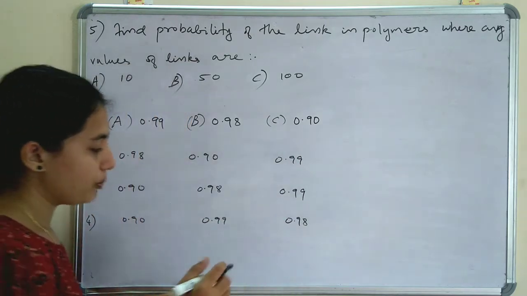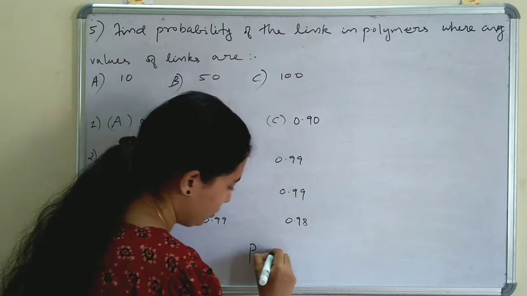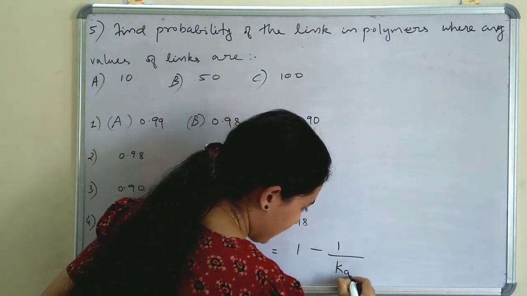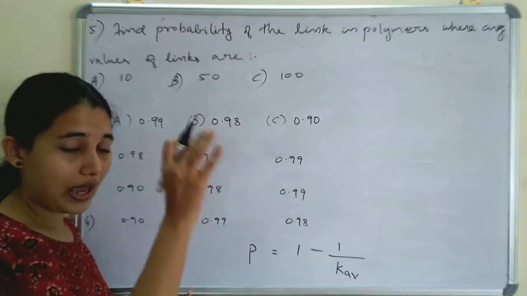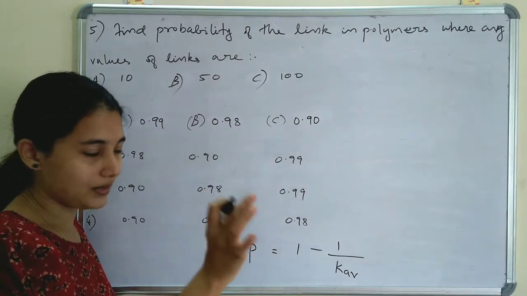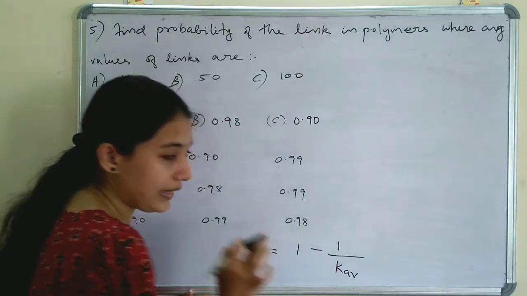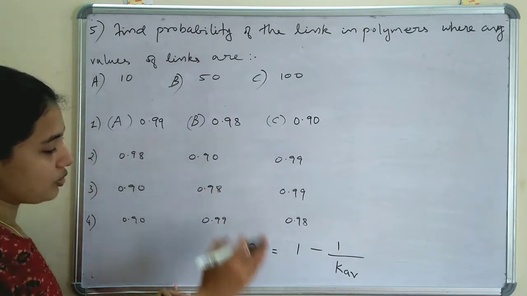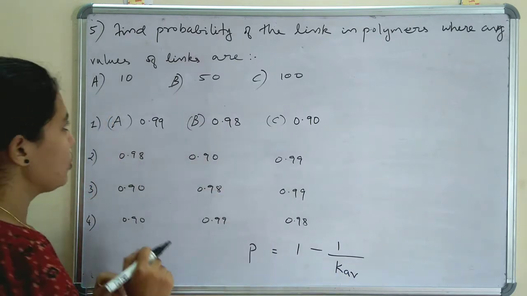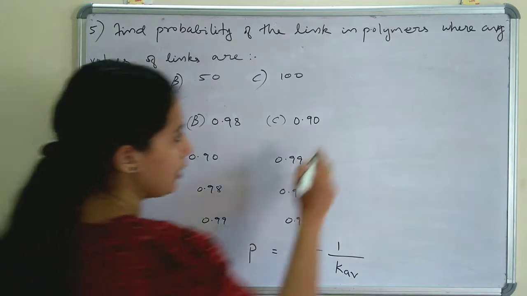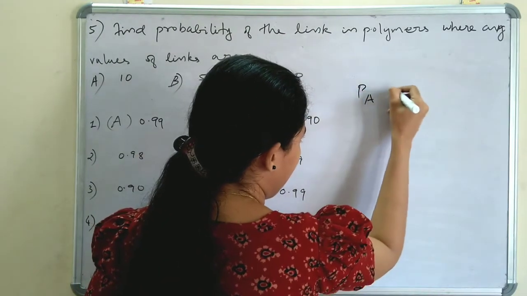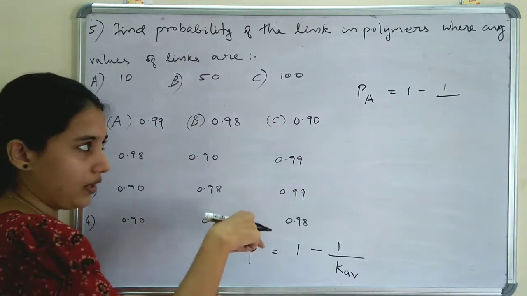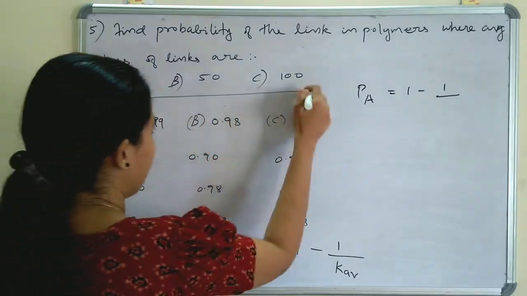The equation for probability: P equal to 1 minus 1 by K average. K average is the average value of a polymer link. So 1 minus 1 by K average is the probability of a link. We can substitute the value of K average. For probability A, PA equal to 1 minus 1 by K average of A. K average of A is given here as 10.